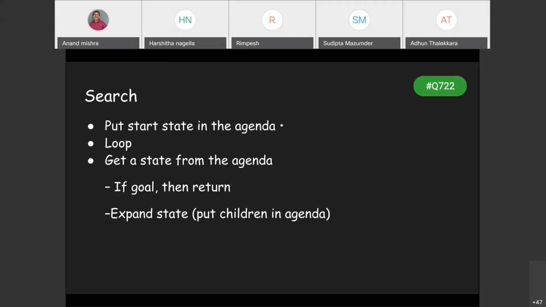First, get a state from the agenda. If that state is the goal, you are done. If it is not, then expand the state and put its children in the agenda. Then you go back and keep on doing this. These are the three steps you do in any search problem formulation.